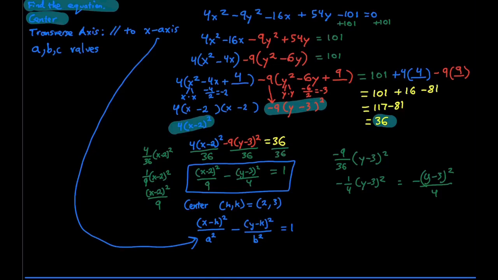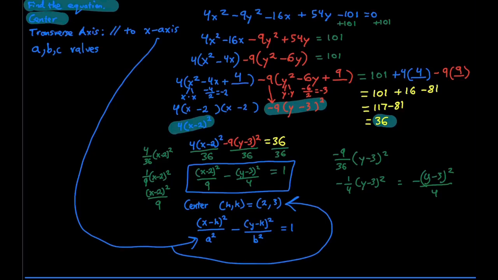The x term is the positive term, which at the same time means that the a squared term is underneath the x term. That will tell you that the x-axis is the important one here. And then because the center isn't on the x-axis itself, to have been on the x-axis, it could have been, for example, 2, 0 instead of 2, 3.